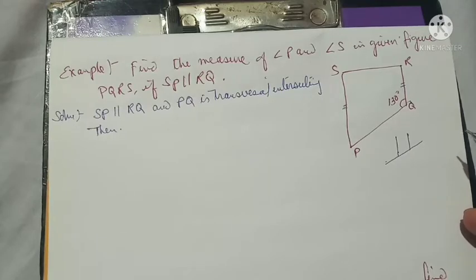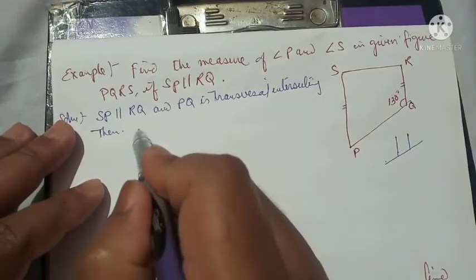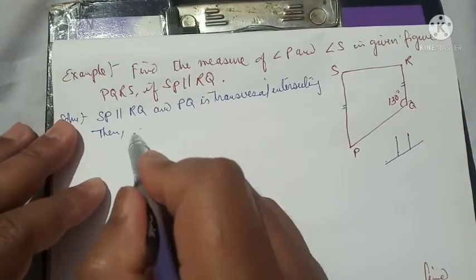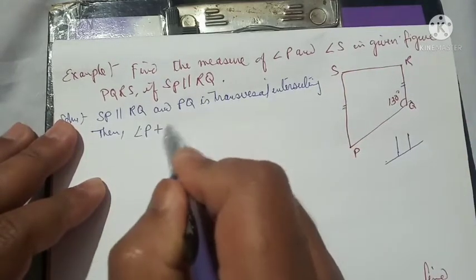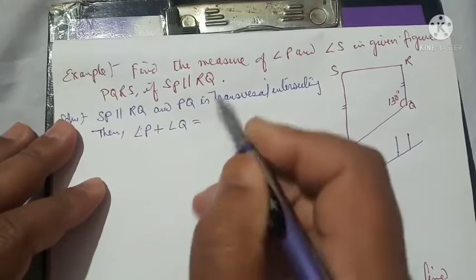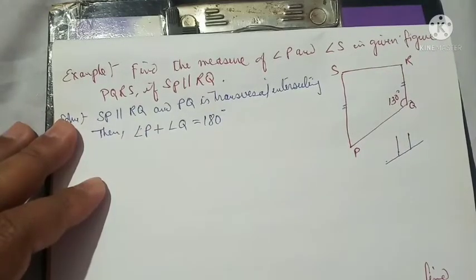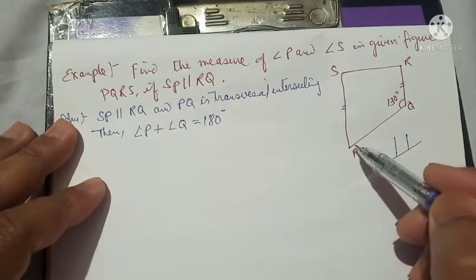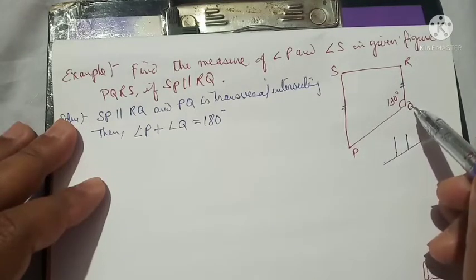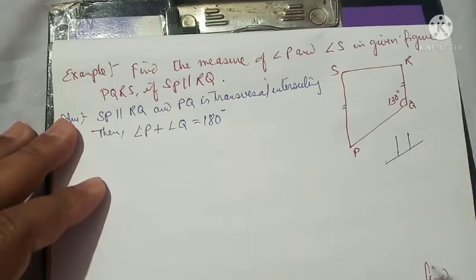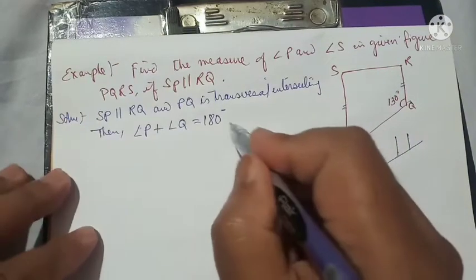Then we have angle P plus angle Q equal to how much? 180 degrees, because angles P and Q are on the same side of the transversal line. The interior angles on the same side of the transversal are always 180 degrees.